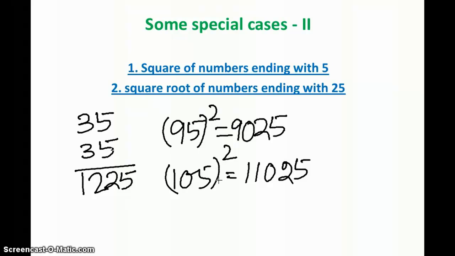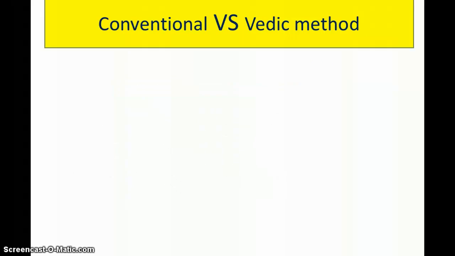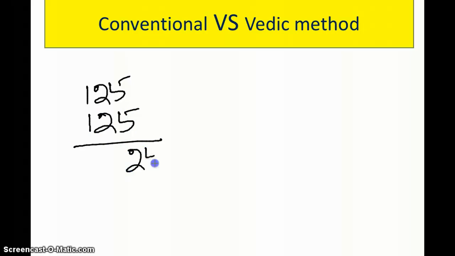Let's expand it to bigger numbers and see how we can do it. Bigger numbers might be a little difficult. We may not just write the answer because we have to do some multiplication there. Let's say 125 square. So 125 square means 125 into 125. I can put 25 here, but I need to multiply 12 and 13.